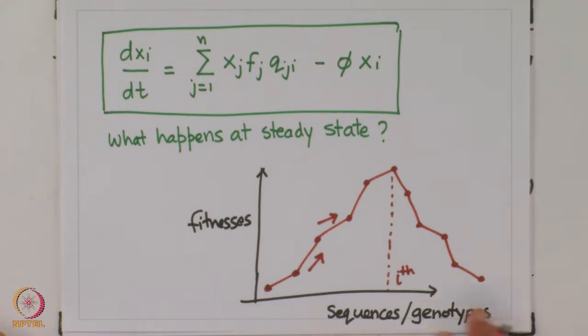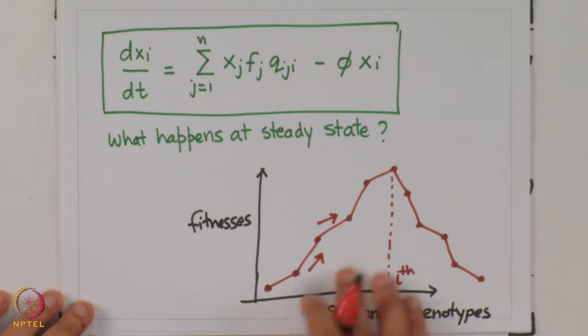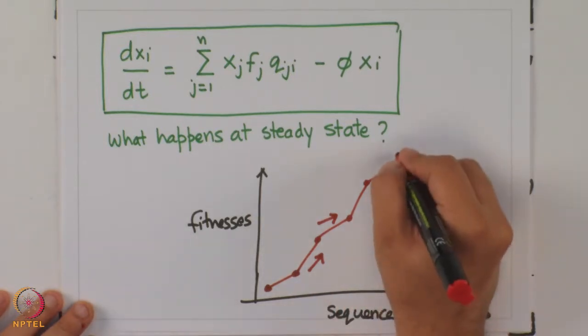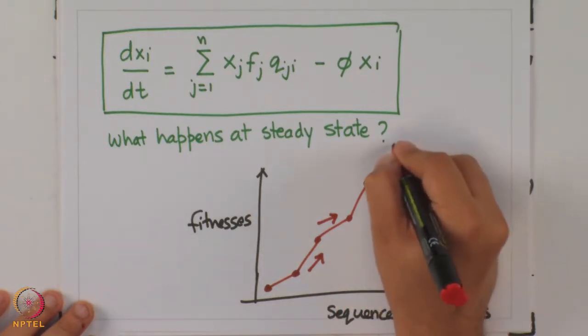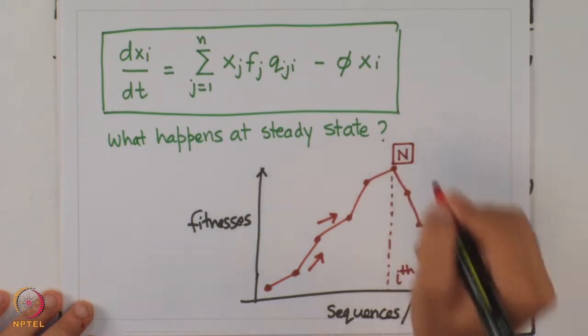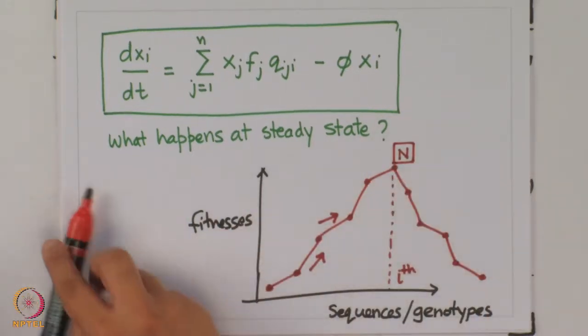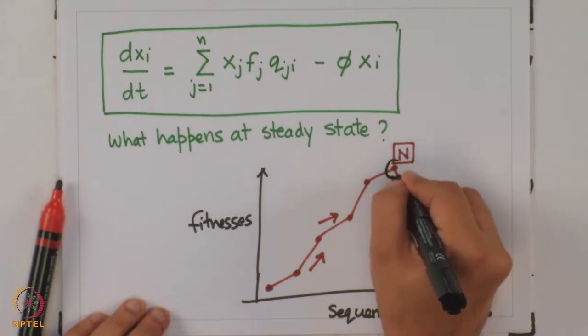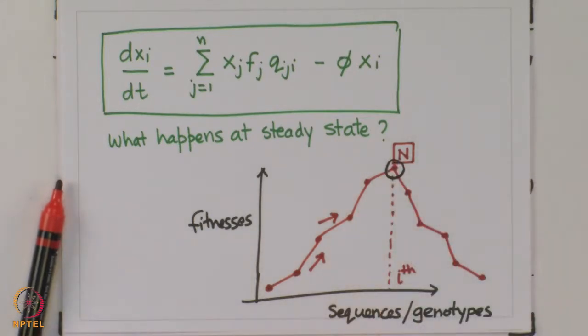So, if selection were acting by itself, all N individuals would move to this particular genotype.